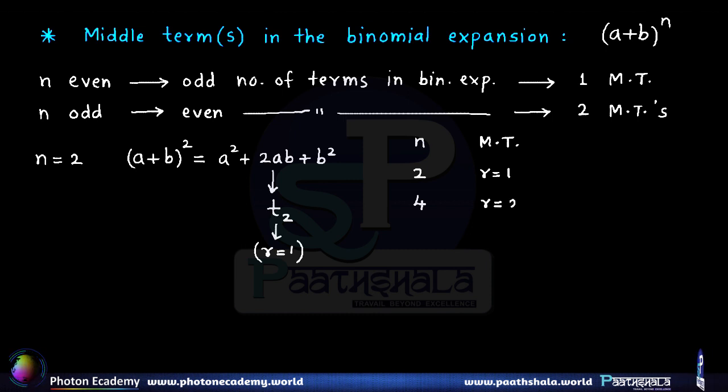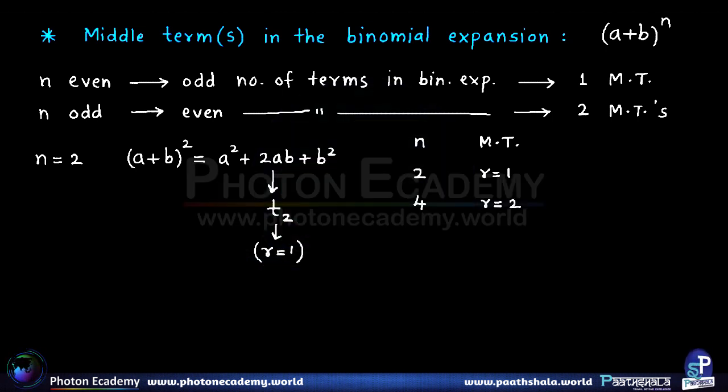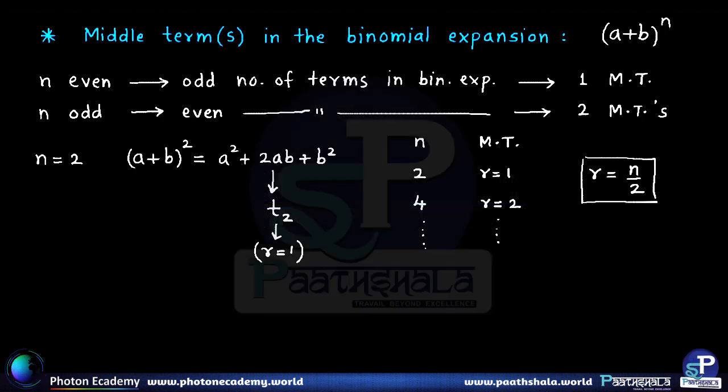So that means r must be equal to 2 to find the middle term, and so on. So therefore, finally, we must have r equal to n by 2 for finding out the middle term when n is an even number.